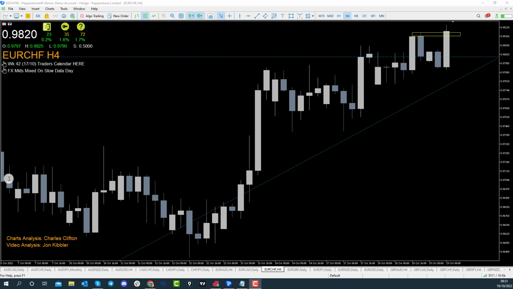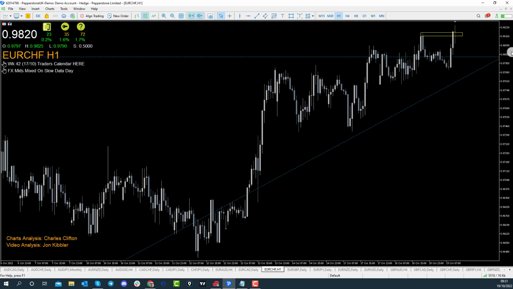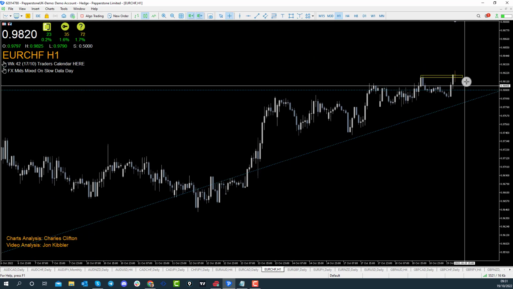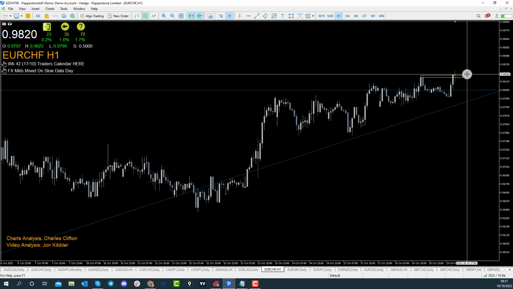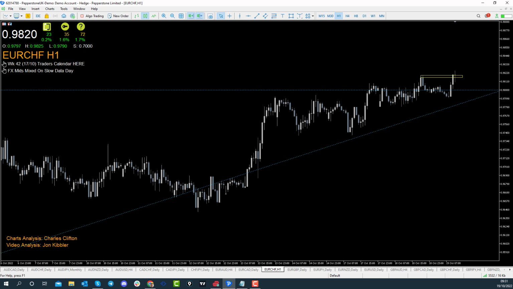So what I would be looking for here, let's go even lower, is a close outside of that high, and you can see that we've got one here on this hourly time frame. So that could suggest that we're going to see price continue to push to the upside. Alternatively, you could wait for further closes outside of the level and look for price to form a higher low at previous structure, which could be these previous highs in here.